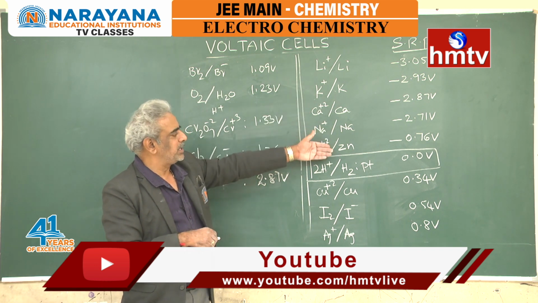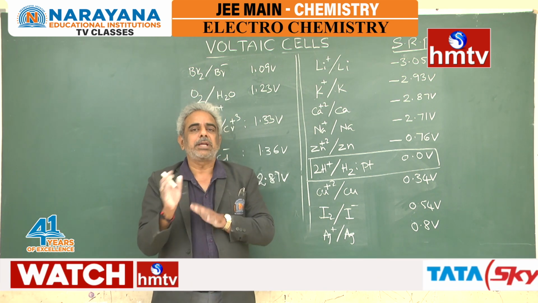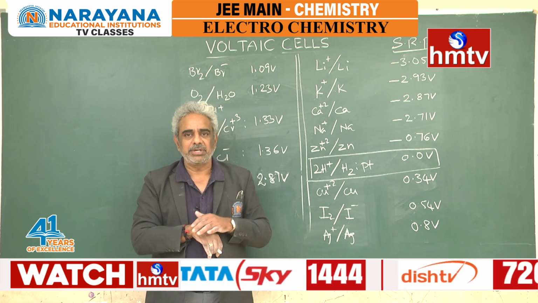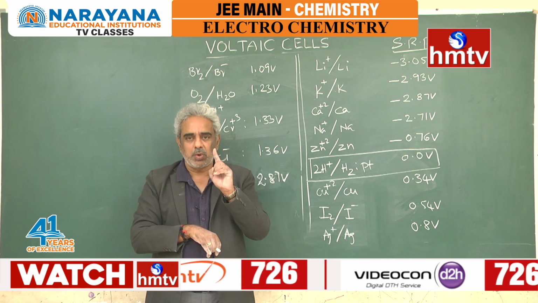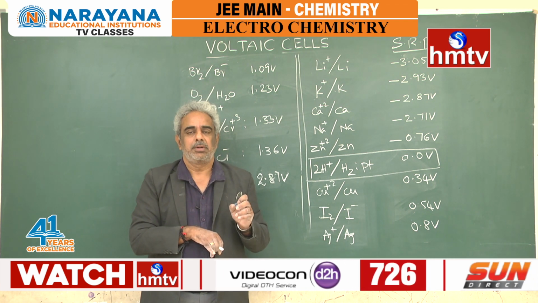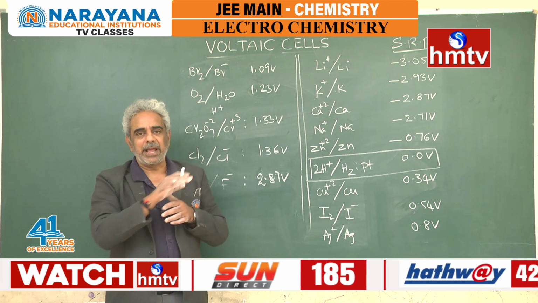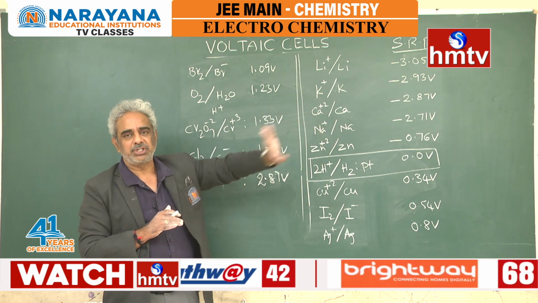Suppose you take a zinc electrode connected with a hydrogen electrode: at the zinc electrode oxidation takes place, at the hydrogen electrode reduction takes place. So, zinc shows a tendency to undergo oxidation, reducing H plus ions into hydrogen gas. That is the meaning of negative reduction potential.